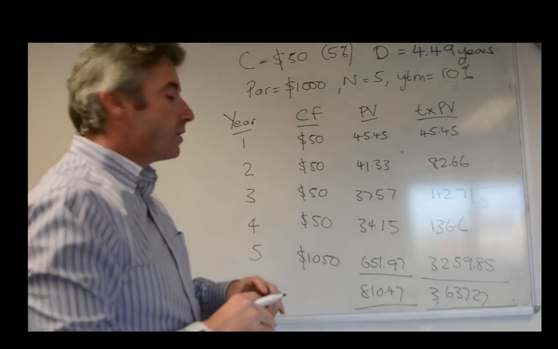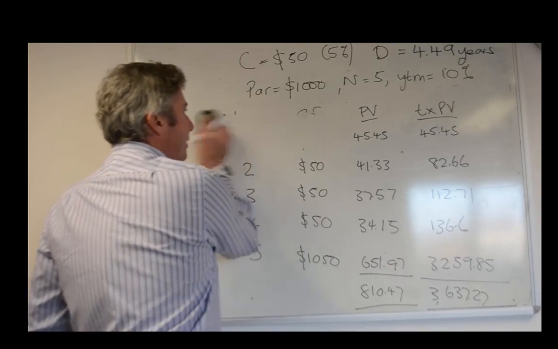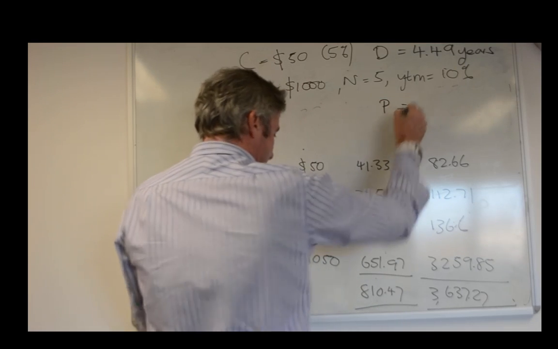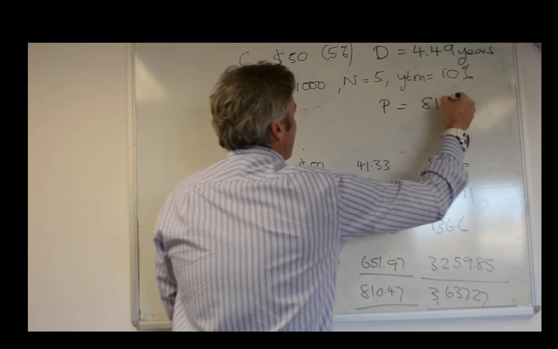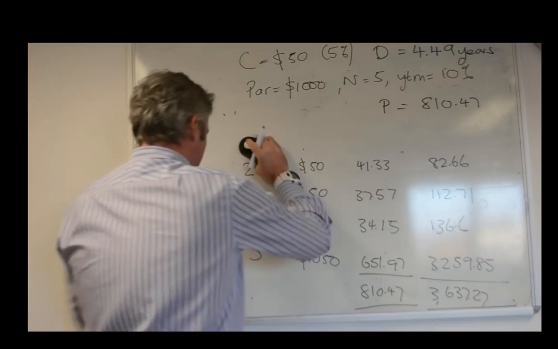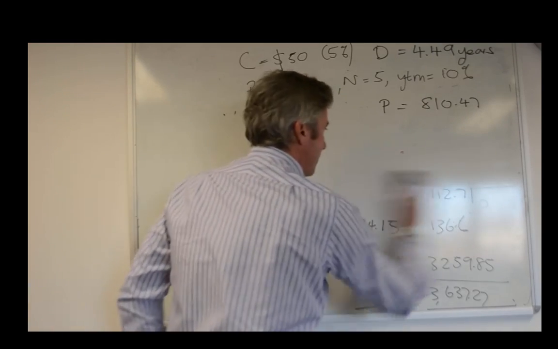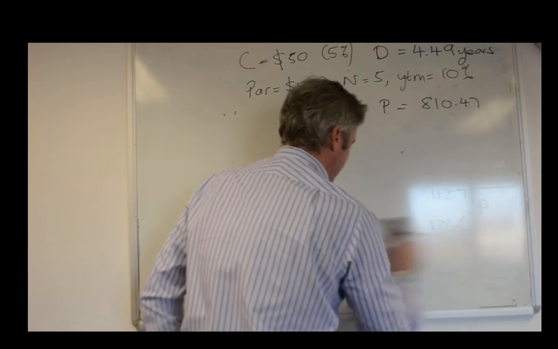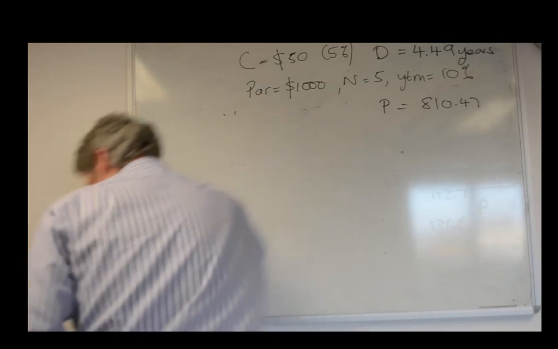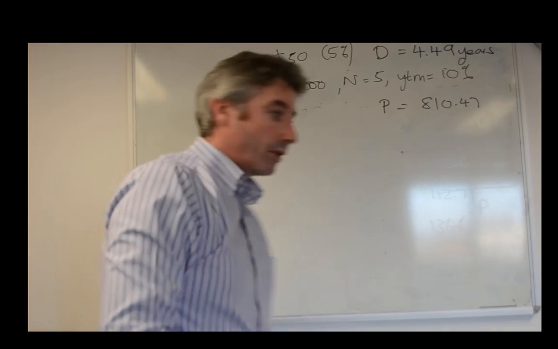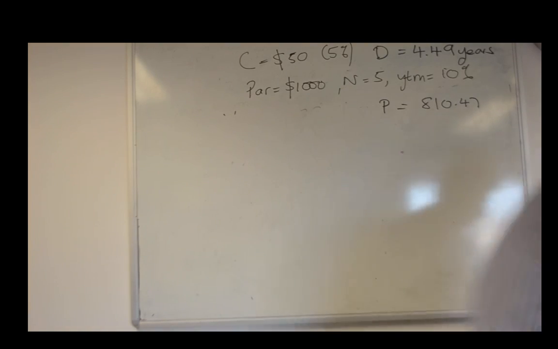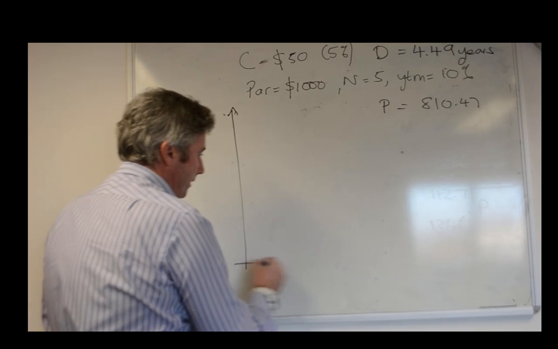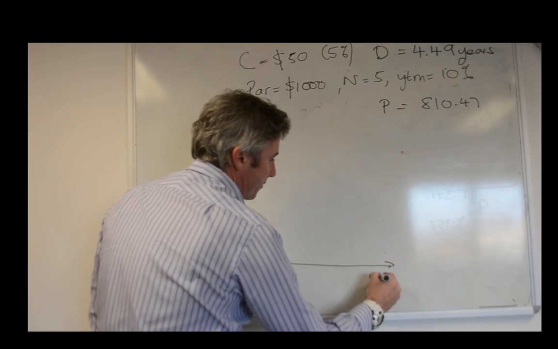Okay, so now we want to utilize the duration. So let me just clear this information away. Just make a note of the price. The price is of course 810.47. Just grab another colour pen. So we're going to remind ourselves of this relationship here.